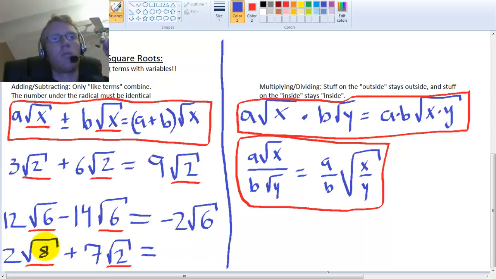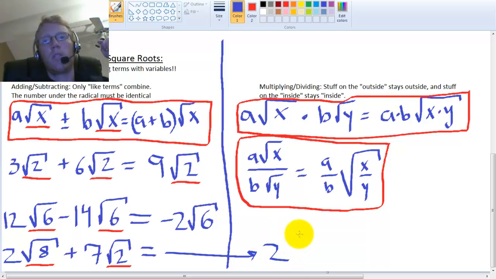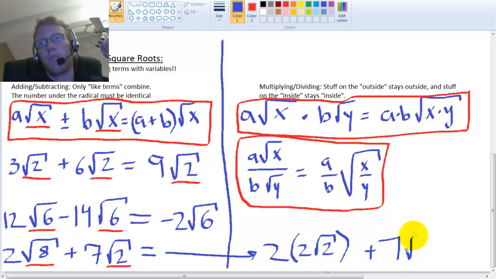Okay, so this root 8 right here, let me make some space. Oh, that's not going to work. I'll just write it here. This is 2 times 2 root 2 plus 7 root 2. Okay, this part right here came from this right here.